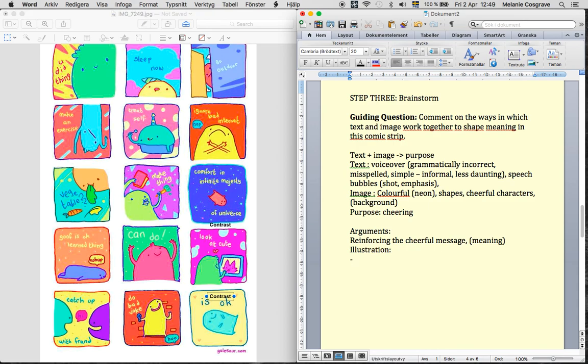I would say that one of them is that the colors reinforce the message of the text. So my illustrations would be from the whole text, but for example, you have several examples here.